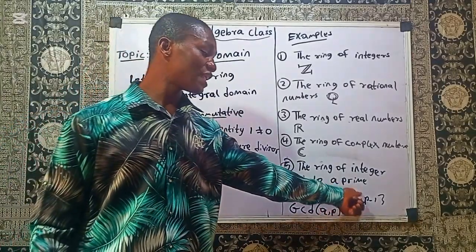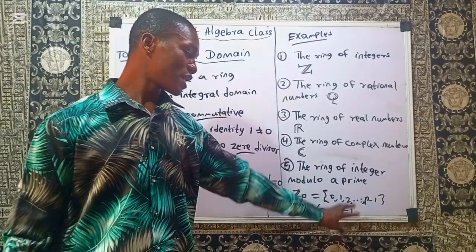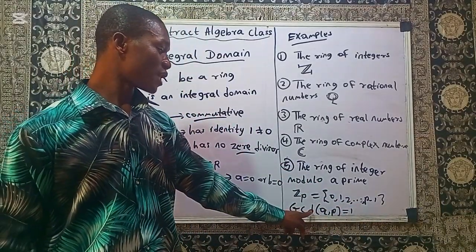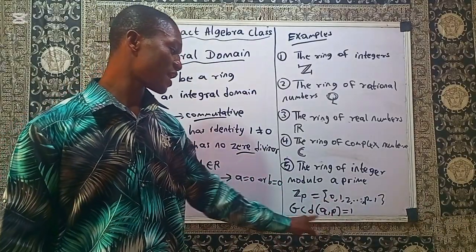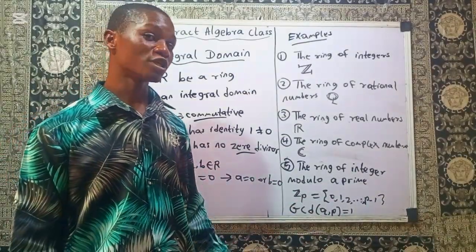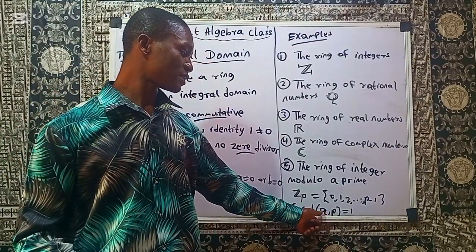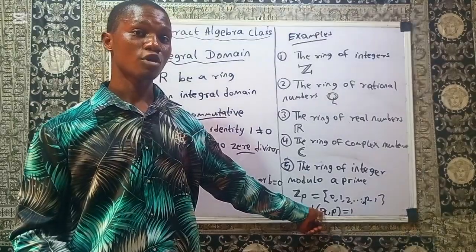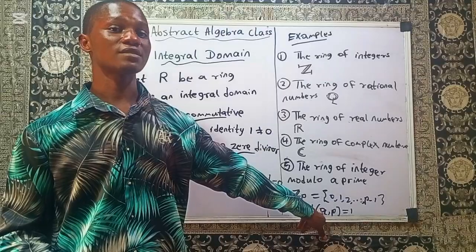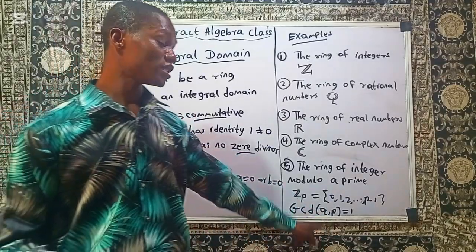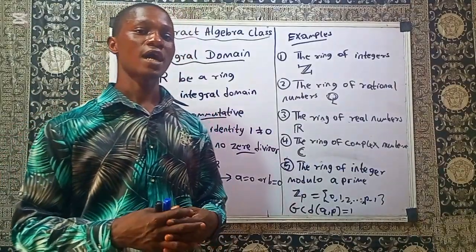So if I pick any element of this integers mod P, and get the GCD, which is the same as the HCF, of that element and this prime number P, the answer must be 1 because P is a prime, and because of that this element A must be what? This element A must be a unit. As far as A is not 0, this element A must be a unit, and units cannot be zero divisors. Units are not zero divisors.